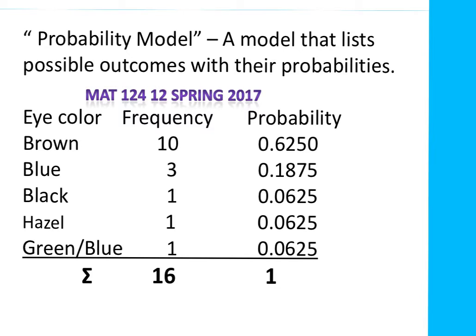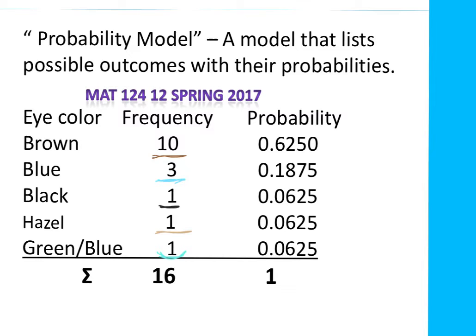Eye color, frequency, and the probability. So there were 10 people who had brown eyes, 3 people who had blue eyes, 1 person who had black eyes, 1 person who had hazel eyes, and 1 person who had green-blue eyes, for a total of 16 people.